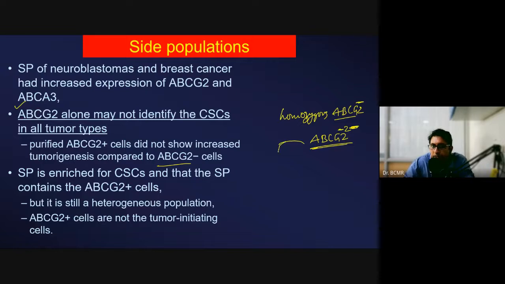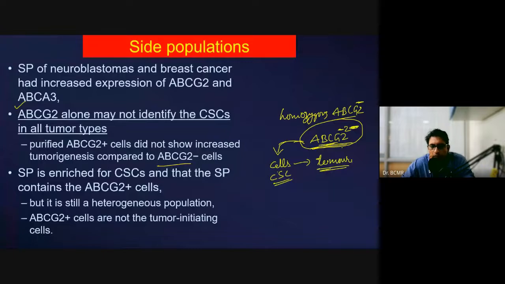Even after deleting these genes, cells were still able to form tumors. That means the first indication is that even though ABCG2 is deleted, the cells are still able to form tumors. So these cells are cancer stem cells, right? Because they're able to form tumors, and other properties of self-renewal are also being exhibited. That means ABCG2 is not directly involved as an essential property of cancer stem cells. That's the meaning of it.